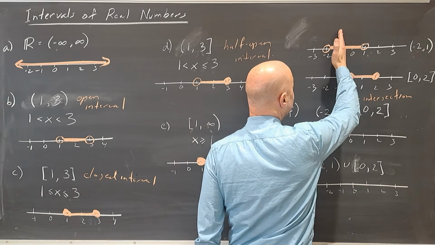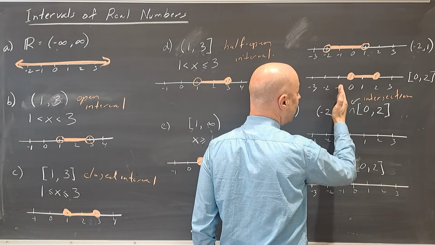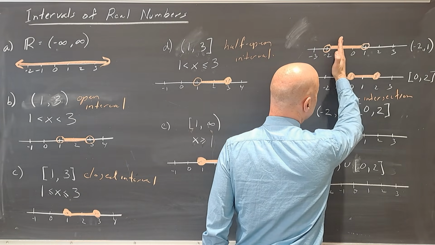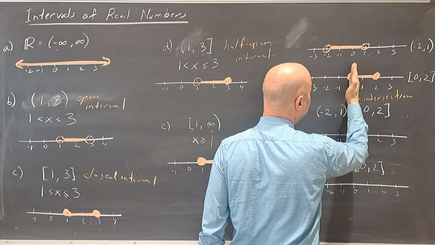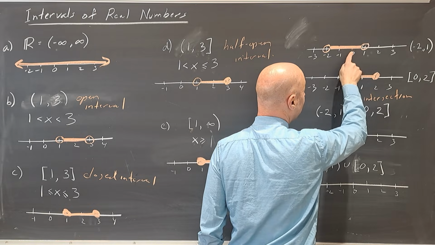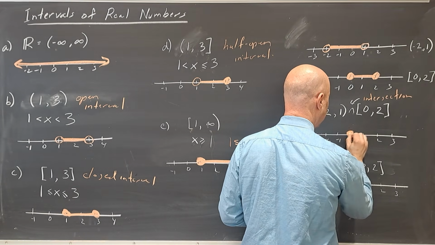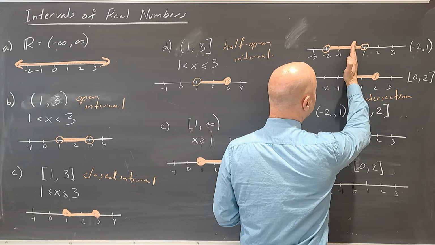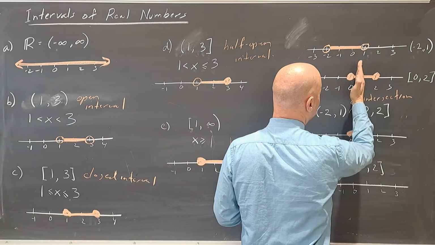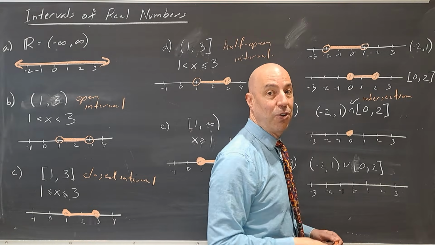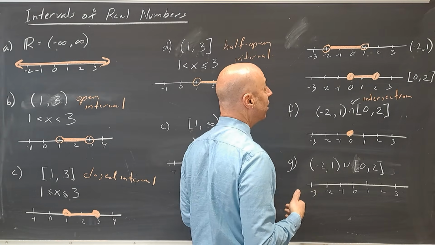So we can see that -1 is in the first interval, but it's not in the second interval, so we don't include it. So if we're sort of scanning from left to right, the first time we hit a number that's in both is at 0. 0 is in the first interval, and it's in the second interval, so we include it. And we keep including stuff. So a half is in the first interval, it's in the second interval, so we include it. 3/4 is in the first interval, and in the second interval, so we include it.